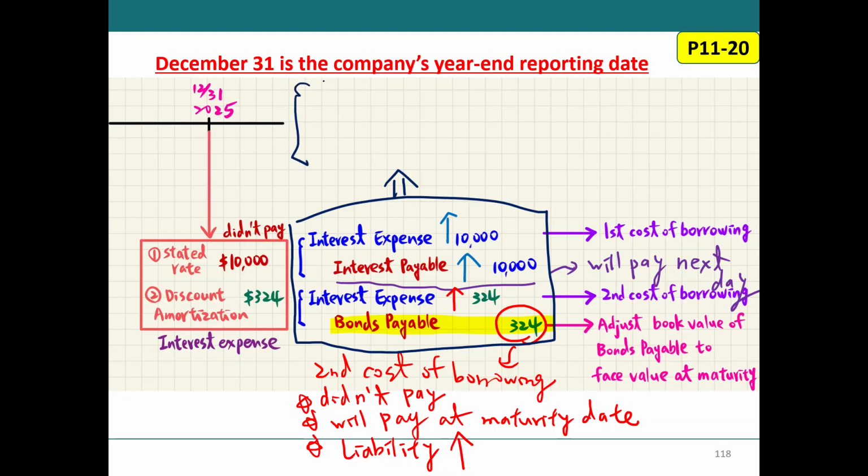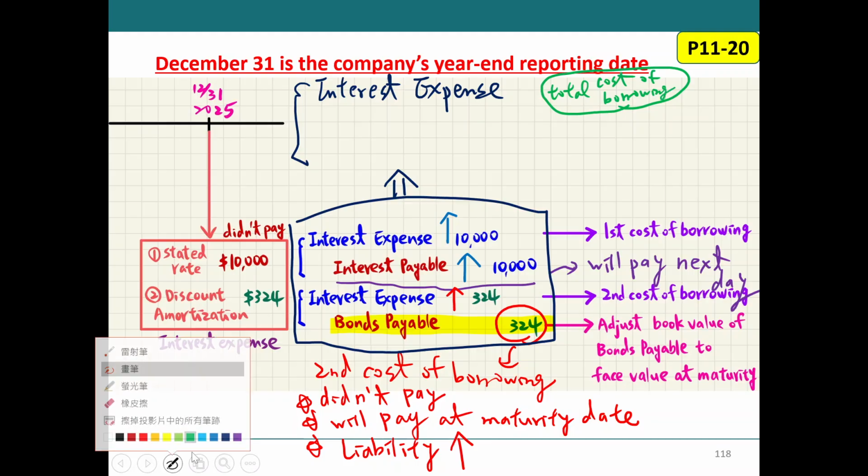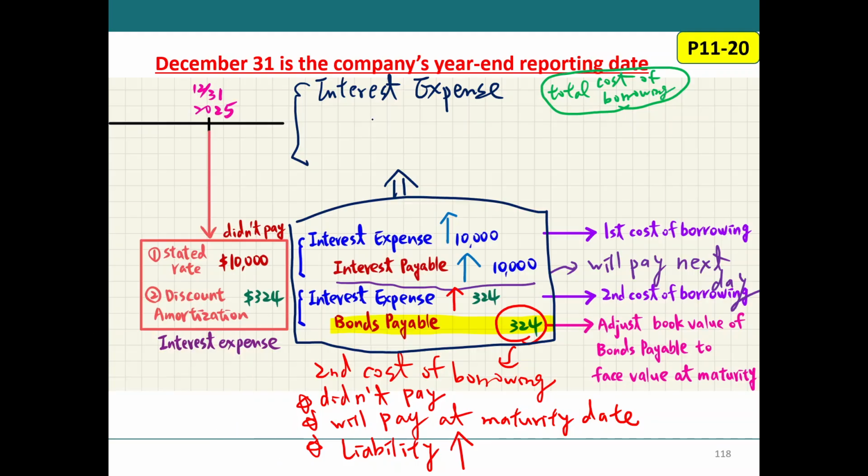So when you combine together, interest expense, debit, for what? For your total cost of borrowing. Credit, interest payable.